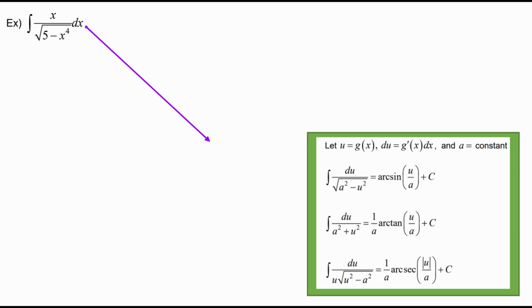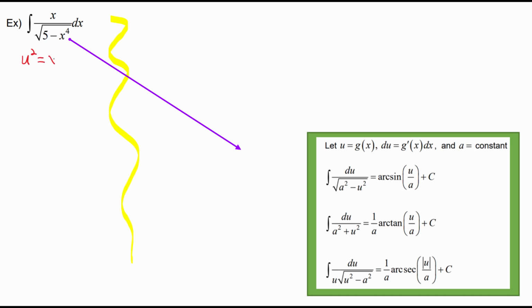So let's see if this is the arcsine. So if this was arcsine, u squared was x to the power 4, then u must be x squared, right?